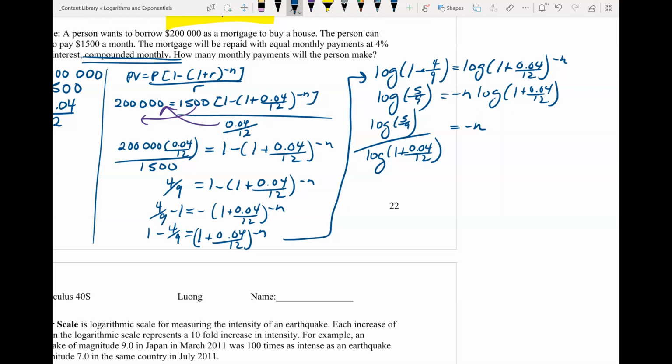And I do want to move this negative to the other side as well, so I'm just going to switch it. And this is what we need to plug into the calculator.